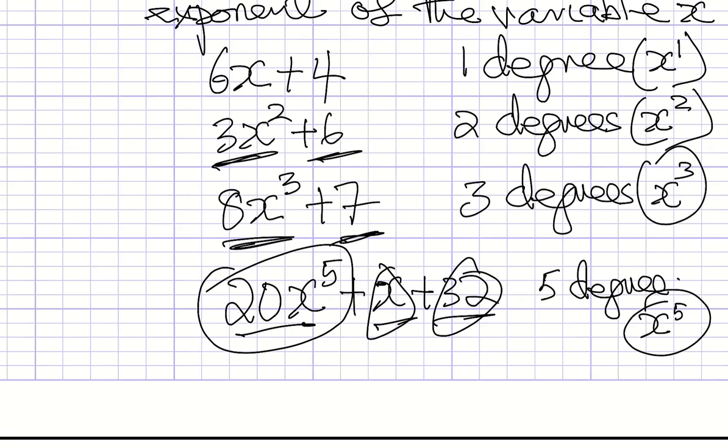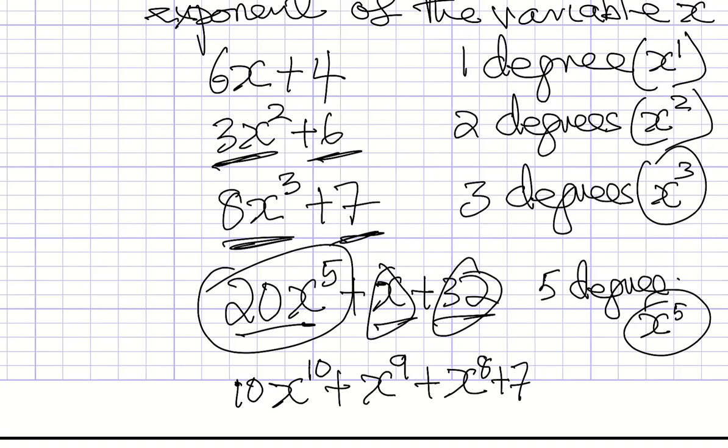Let me give you one more example. You have, let's say, 10x^10 + x^9 + x^8 + 7. What is the degree there?